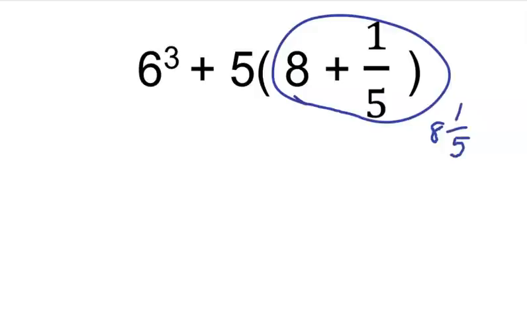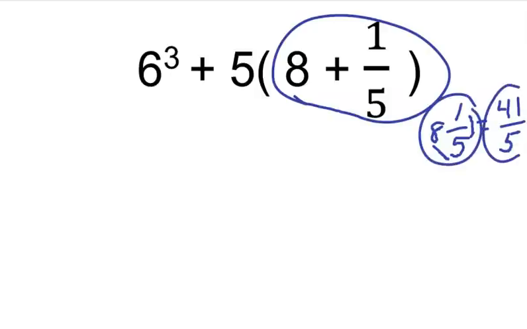Okay, and I'm just going to convert this real quick just in case we need it this way, because I have a feeling we might. 8 and 1/5, to convert that into a fraction, we're going to do 8 times 5, which is 40, plus 1, which is 41. So this is actually the same as 41 over 5. Let's see what we need, because we might use it as 8 and 1/5, or we might use it as 41 over 5.